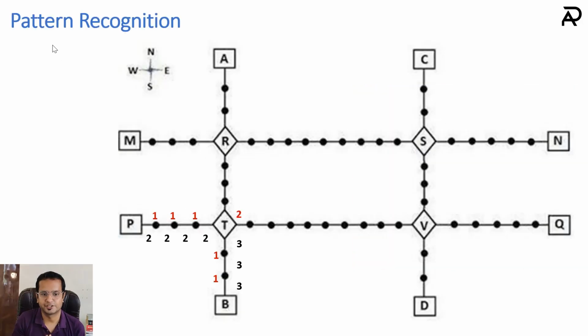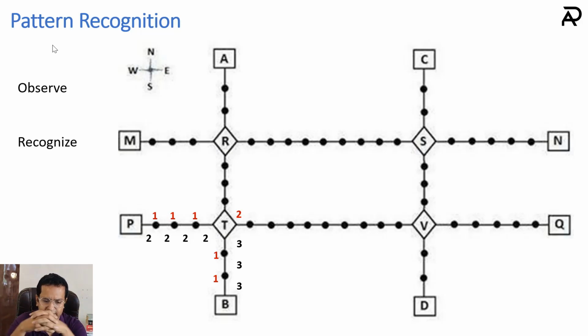Coming to pattern recognition here, the first step in recognizing patterns is to observe. Look at the listed down numeric values. Next, try to recognize what is consistent here, what can be replicated, because pattern means what? A set of numbers, a set of values which get repeated following some order.